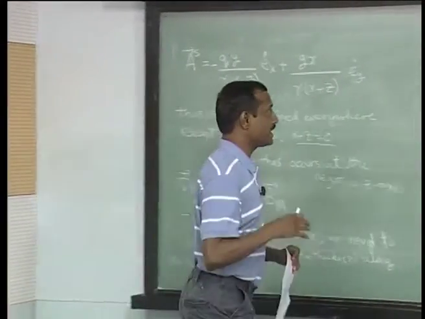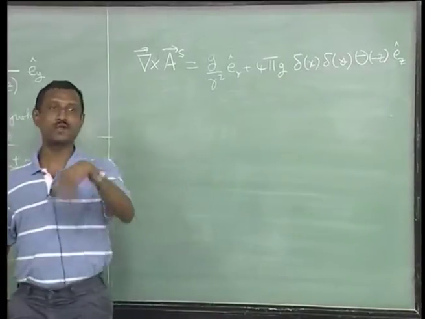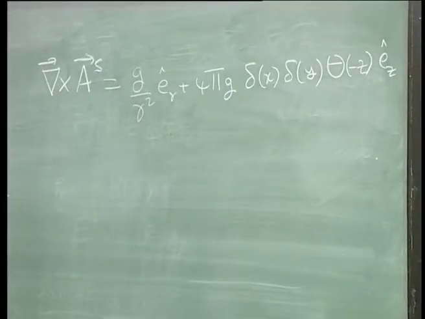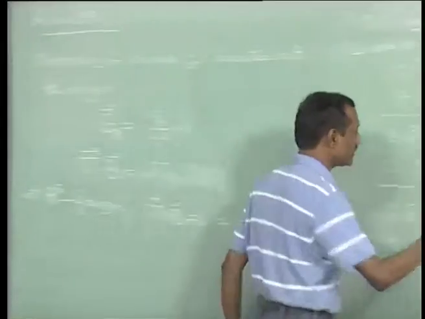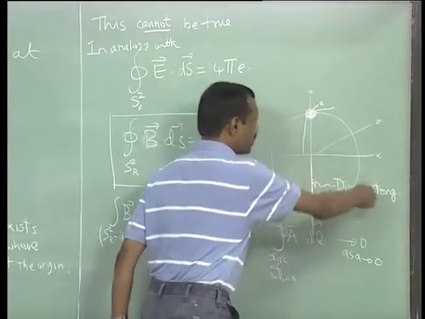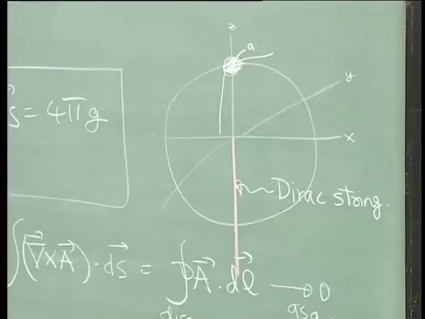What one is saying here is, this will give a flux, and the contribution of this will be precisely opposite and give 0. So the Dirac string, if you wish, carries exactly the amount of flux to cancel the other guy.